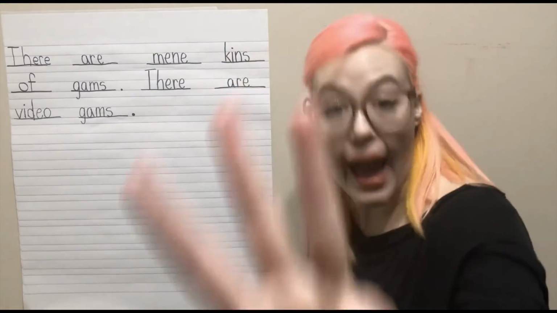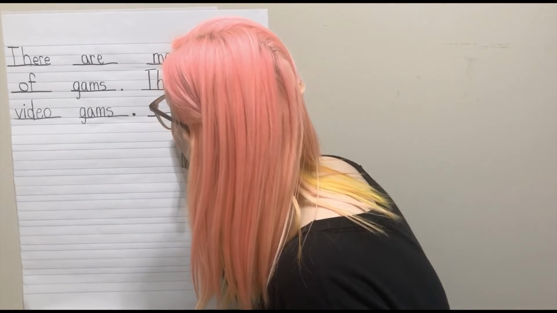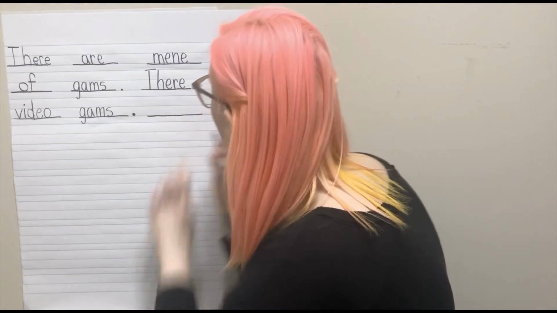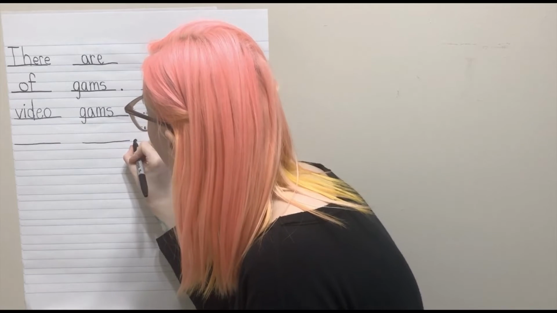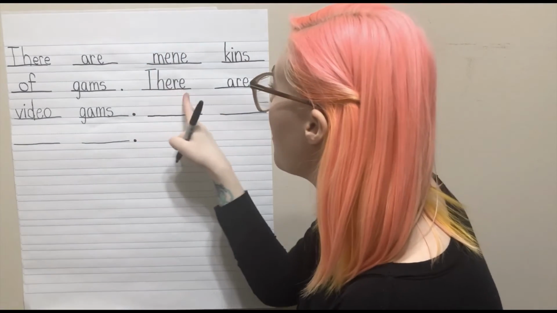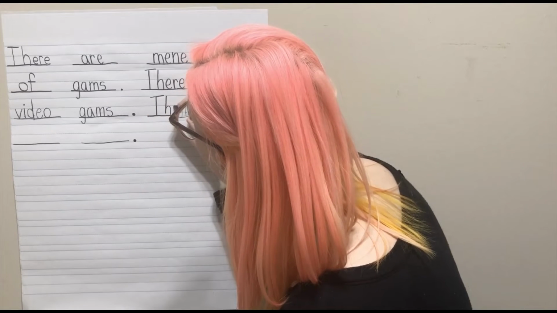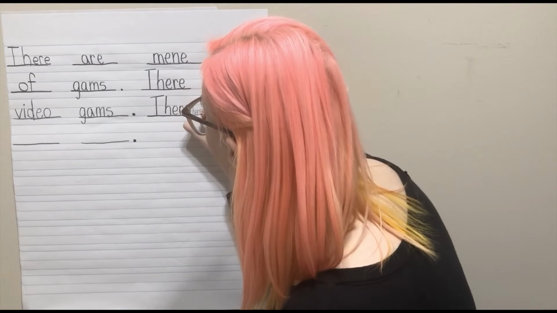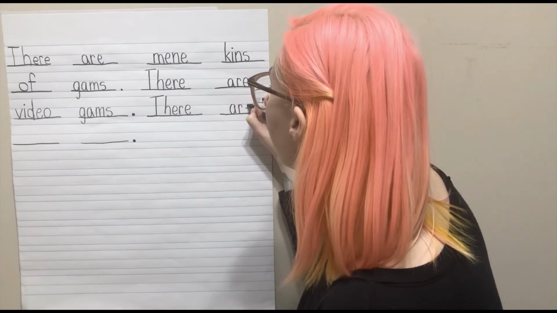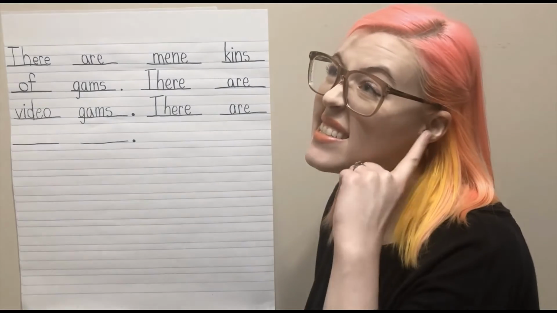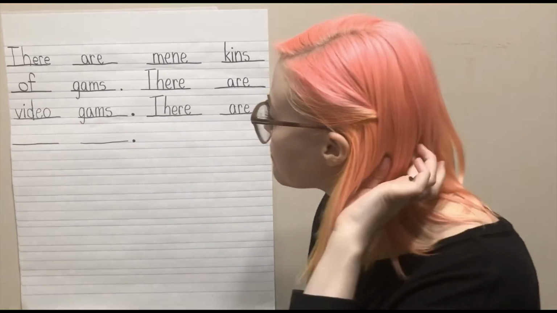There are outside games. 4 words again. 1, finger space. 2, 3, finger space. 4, add a period. So there, we're going to copy that word again, that sight word. T, H, E, R, E, there, A, R, E, outside. It sounds like 2 words, but it's 1 word. It's 2 words put together, so we're going to write it together.